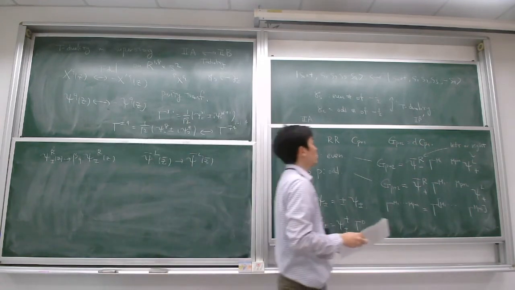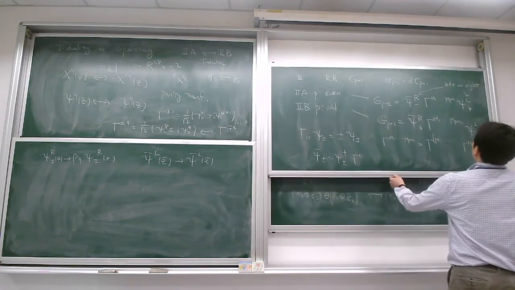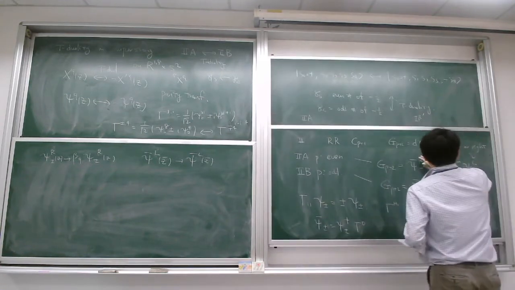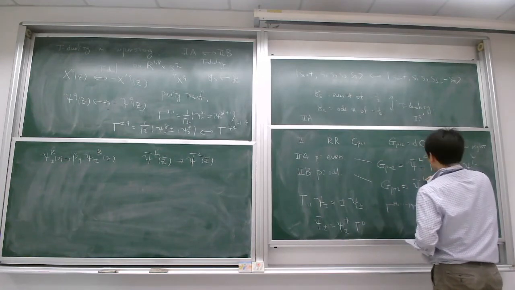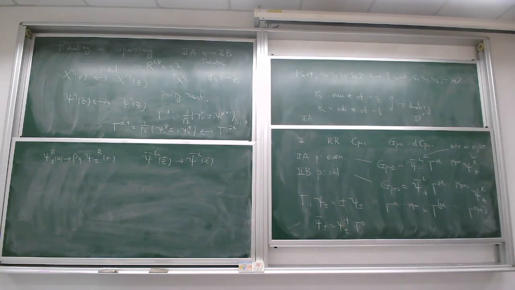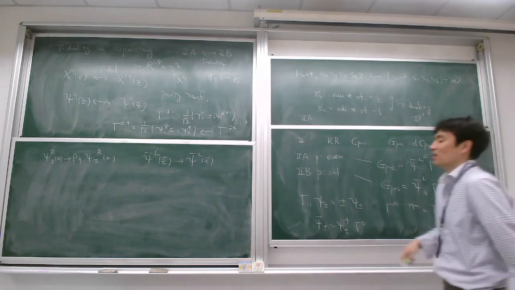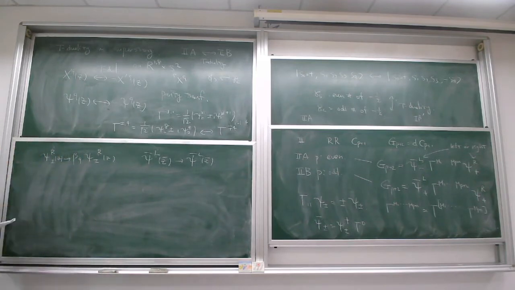So let's change it now. I will change your homework. So I think left is anti-holomorphic and holomorphic is right, as far as I remember. If I'm wrong, I will correct it later. Anyway, it depends on which one I call right moving, holomorphic or anti-holomorphic. I don't remember.